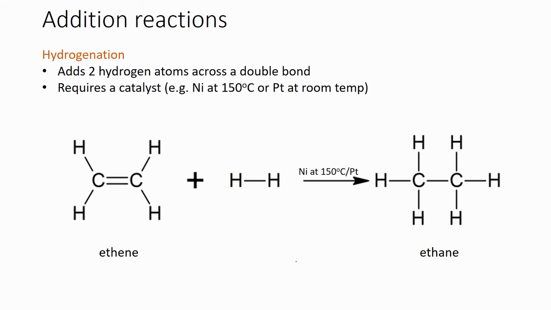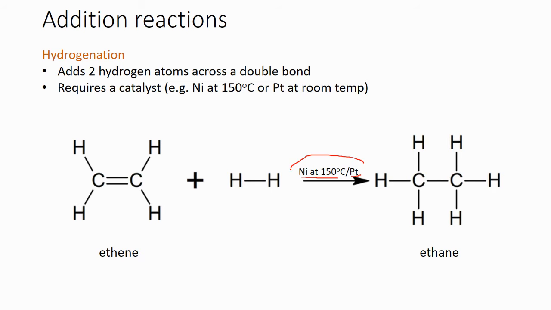So this is the first addition reaction we're going to look at, and it's when you're adding hydrogen gas, H2, and it adds across the double bond. Now to make this reaction happen, it requires a catalyst, either nickel at 150 degrees centigrade or platinum at room temperature.